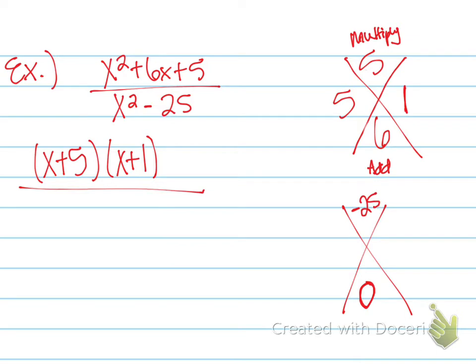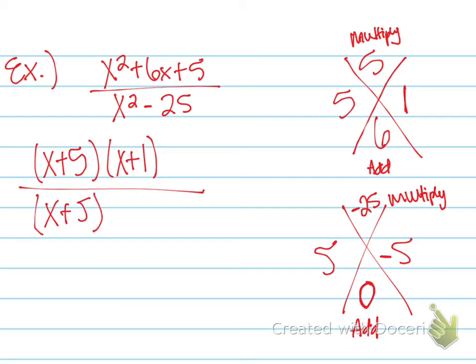So what two numbers add to get 0, but they multiply to get negative 25? Well, what's the only thing that multiplies to get 25 besides 1 and 25? 5 and 5. But one of them has to be what? One of them has to be negative, so we get that 0. So we have an x plus 5, and we have an x minus 5.